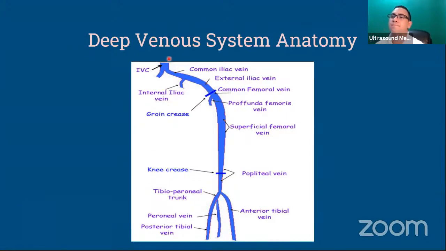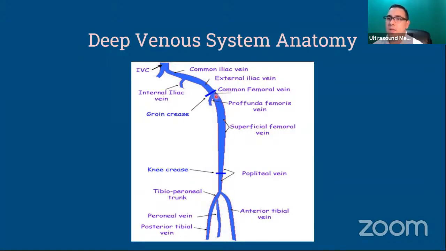So we have the internal iliac vein, and then the external iliac vein right here. At this point we have the inguinal canal. Above the inguinal canal we have the external iliac, but just below the inguinal canal, we have the common femoral vein.